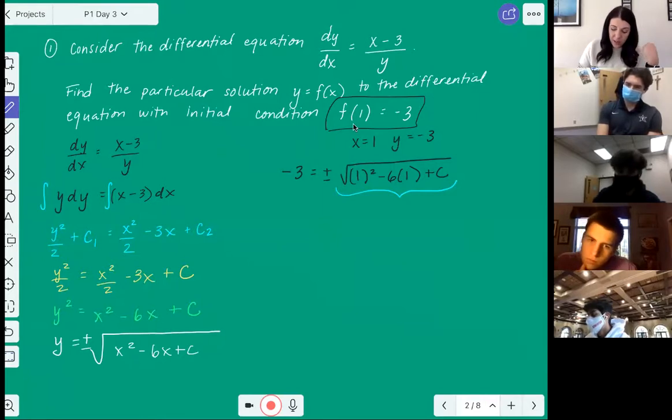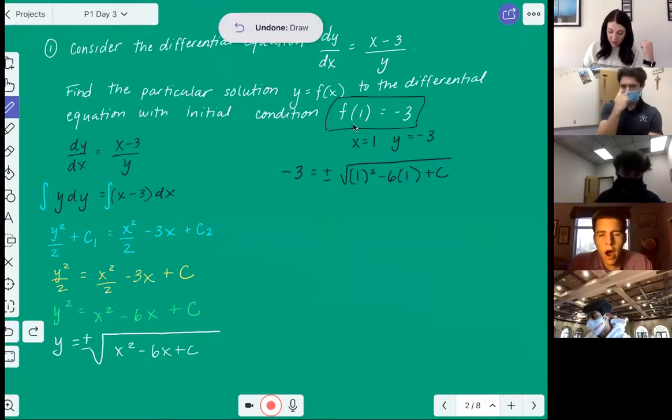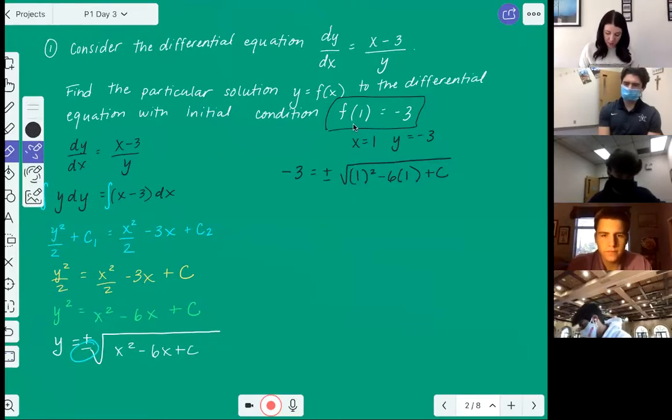But what I know is based on that initial condition, I end up with -3, meaning it had to have been the negative square root. It couldn't have been the positive square root because I need my final answer to work with my initial condition. So that means we're going to get rid of this plus here. We're only going to keep the minus.